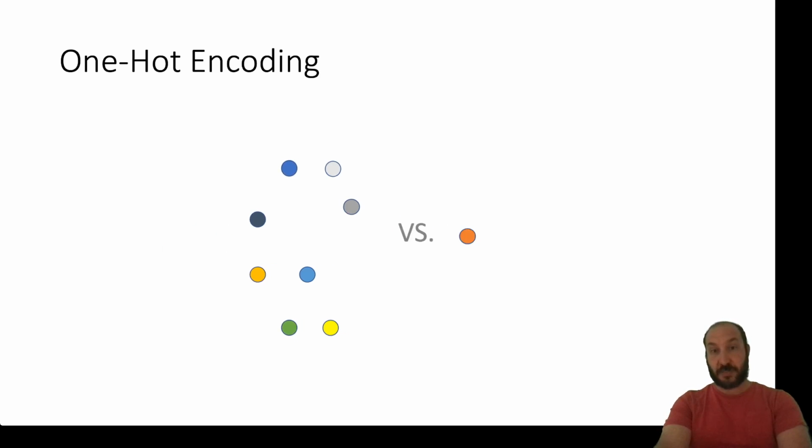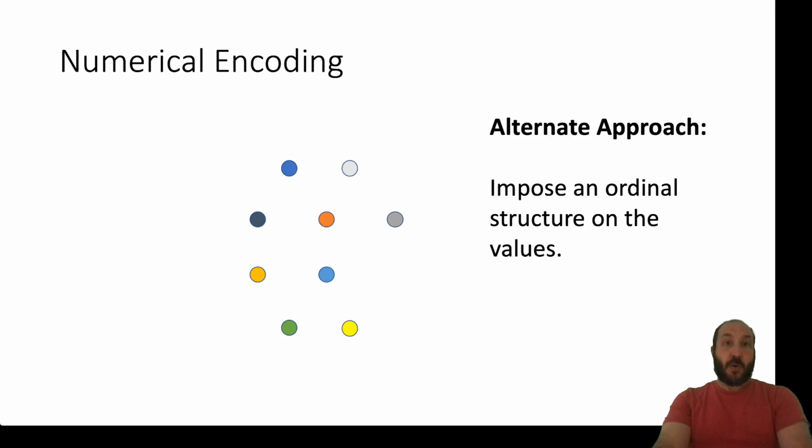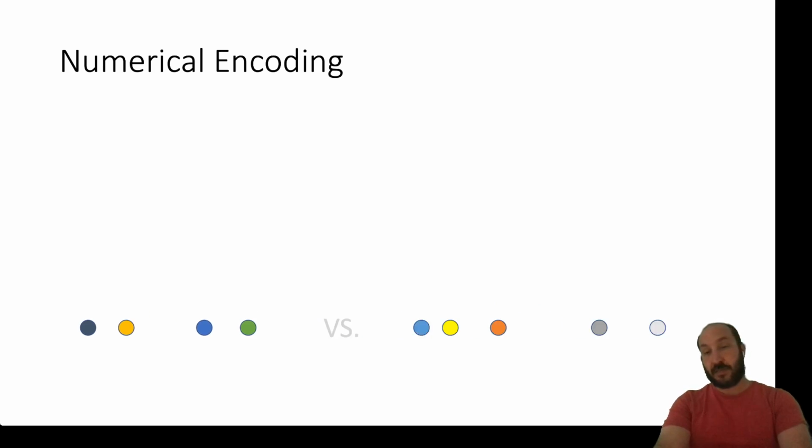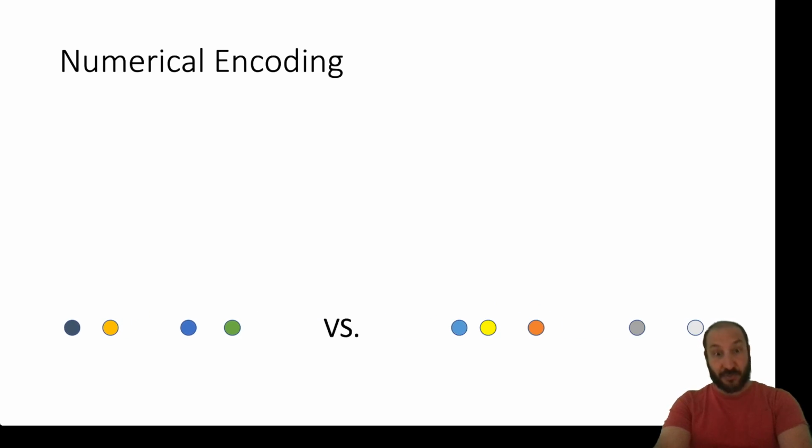Those are the kinds of splits I'm going to look at. Or more recently, people have used a lot more numerical encoding. What numerical encoding says is I'm going to impose an ordinal structure on the values of this categorical variable. So essentially, I'm going to push these down onto a line somehow, and then treat it like the numerical variable age that we saw before.